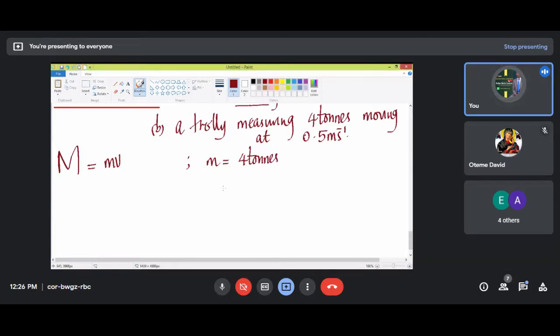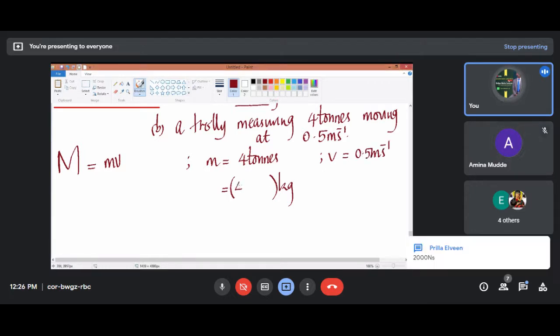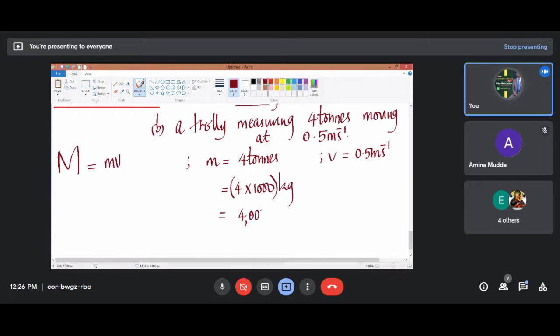Can we change this to kilograms? You just multiply tons by 1,000 to change it to kilograms, so you get 4,000 kilograms.